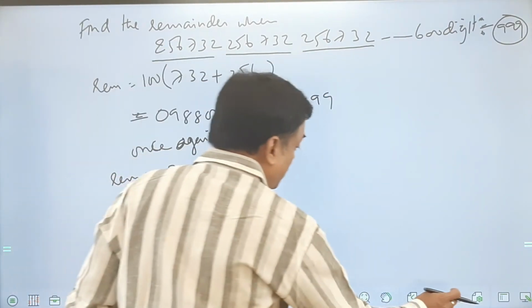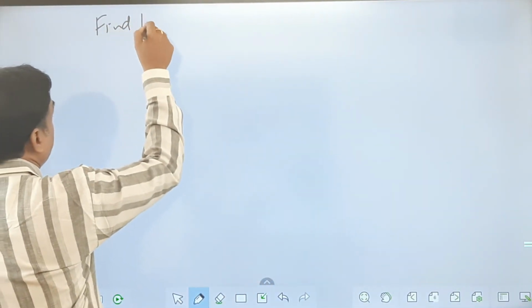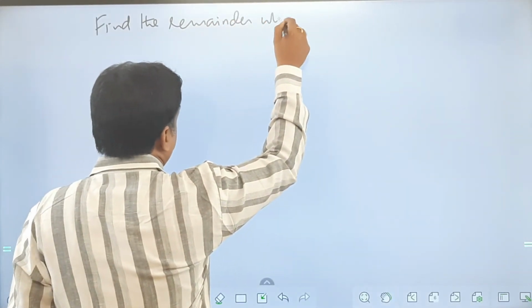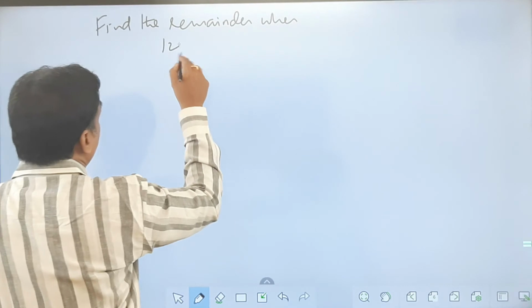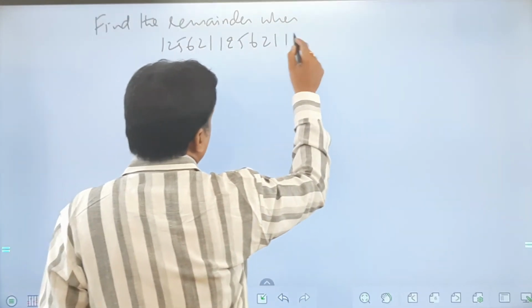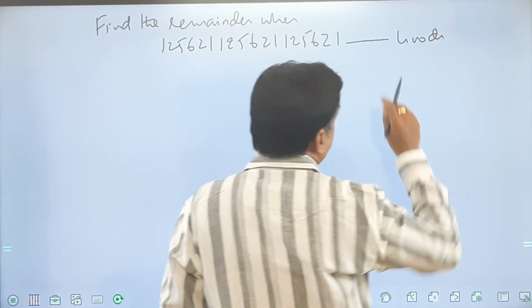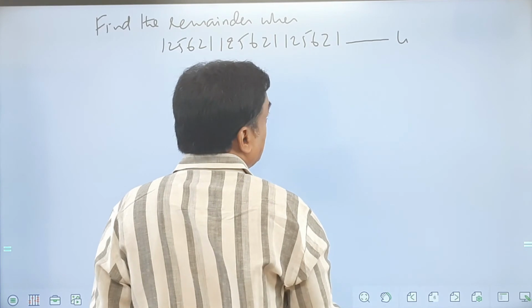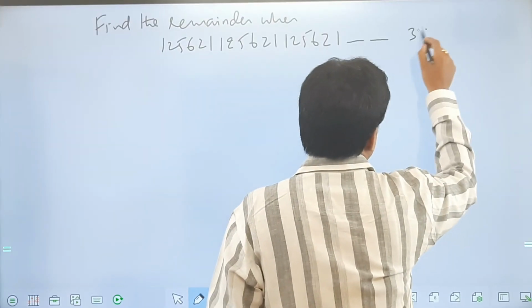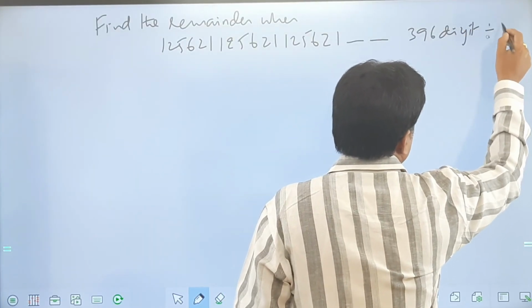Similarly, I'll take one more quick question on 1001. The question is, find the remainder when 125621, 125621, 125621, and so on up to 400 digits, or rather say around 396 digits, is divided by 1001.